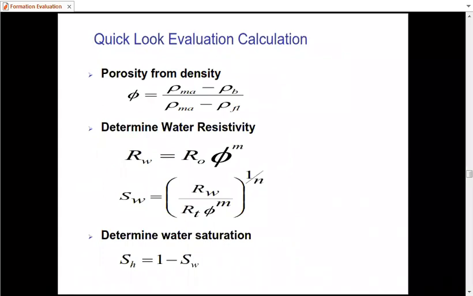When we are dealing with the density log equation, you are dealing with the porosity from density, and you have to determine the water resistivity from this equation, and determine the water saturation.